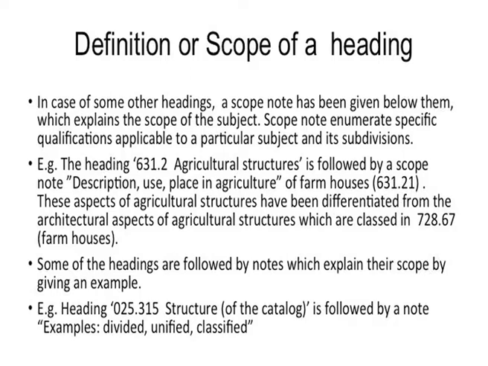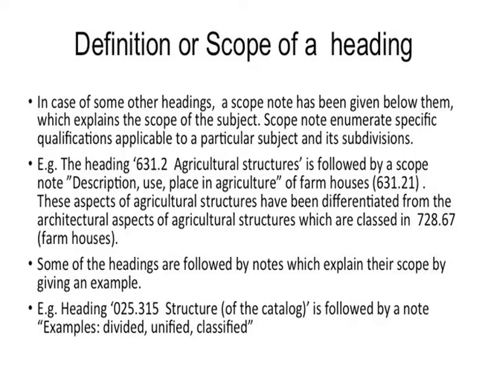The note says: description, use, place in agriculture of various types, for example, farmhouses. We have taken one structure, the description of farmhouses in agriculture. This has been given the heading 631.21.